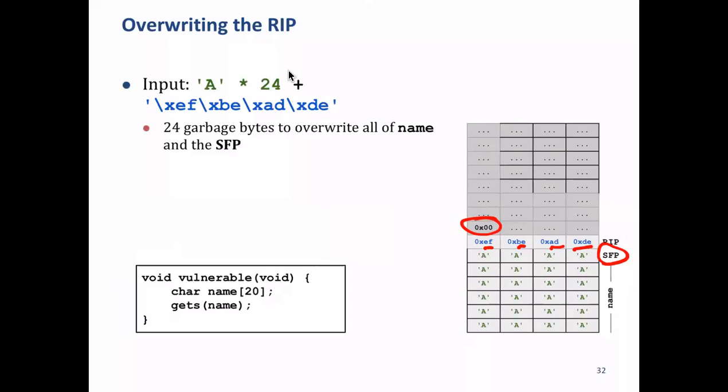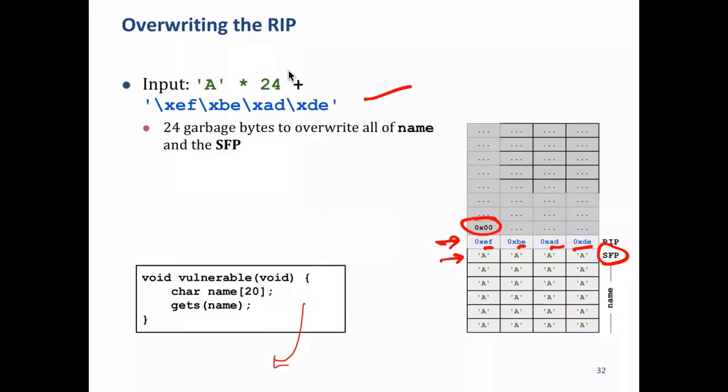So the input is this one, and it is overwritten over both the return instruction pointer, or saved program counter, and the frame pointer. When execution of this is over, control goes back.